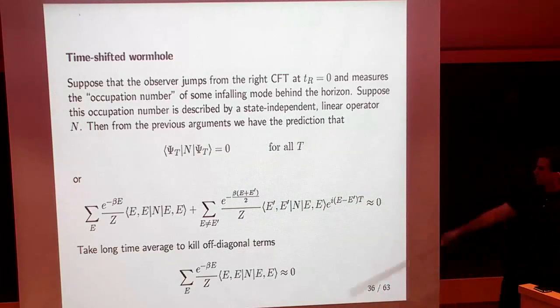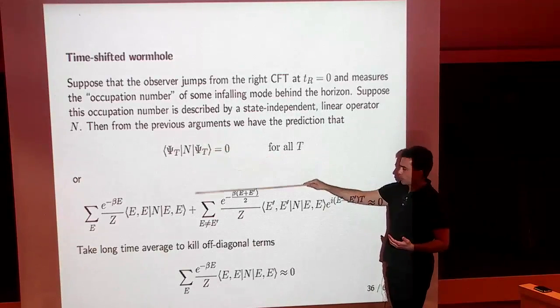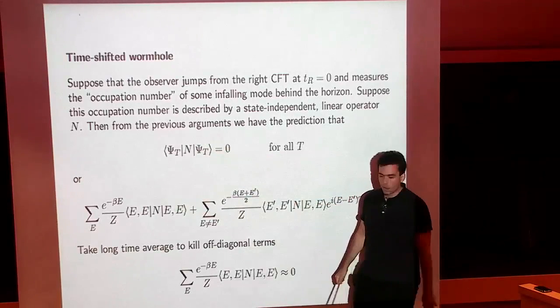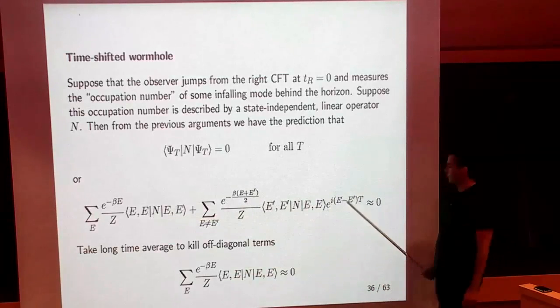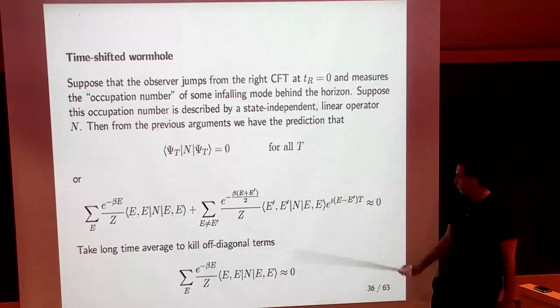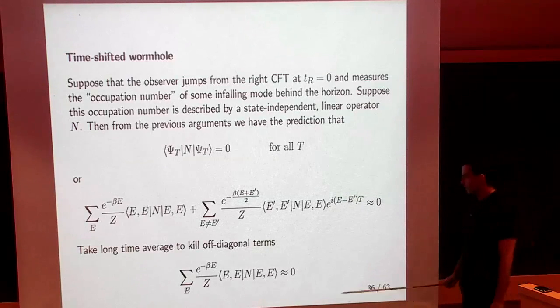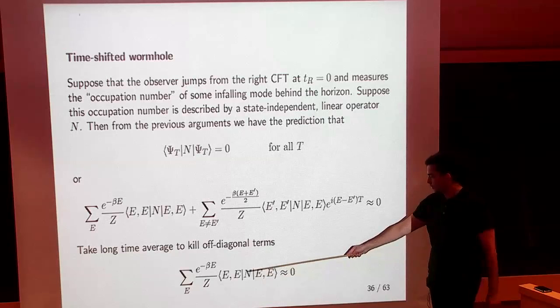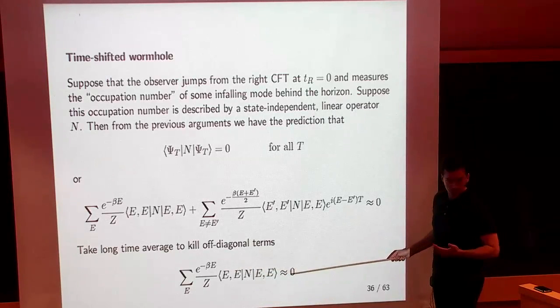Now you expand out these time-shifted states in terms of the basis of energy eigenstates, and you get two terms: the diagonal term and the off-diagonal terms. These are time-dependent. Then, as usual, you take the long time average to kill these, and you are left with a statement that this number operator on pairs of energy eigenstates has to be 0.